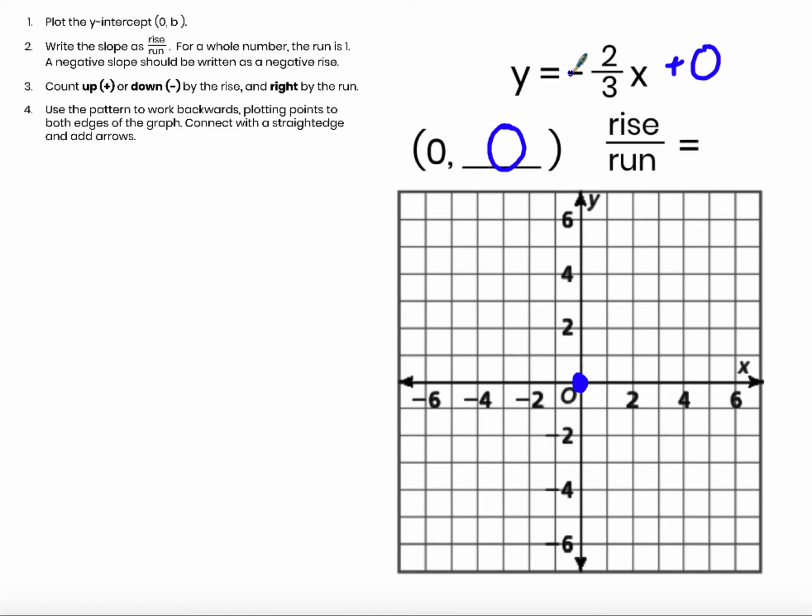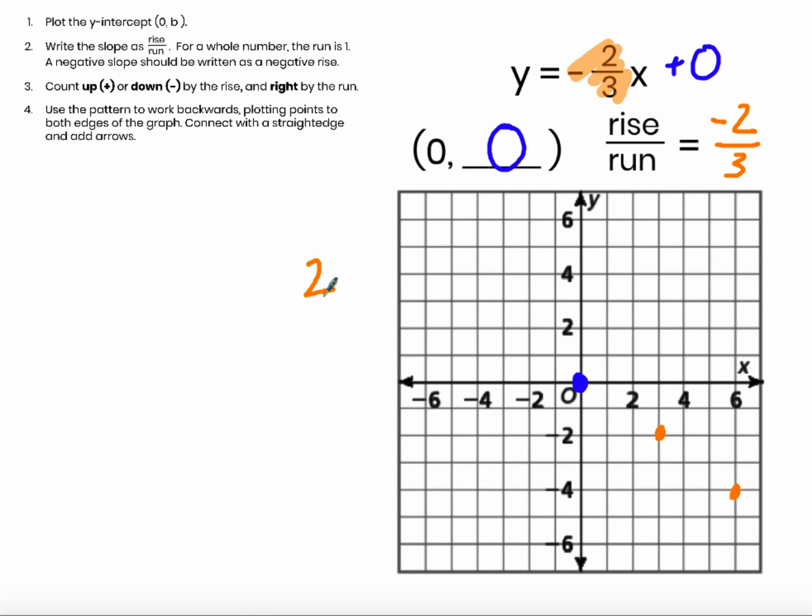Again, now I have my negative in front of my fraction. It's still suggested that we stick that negative with the 2. So let's go ahead and write a negative rise of 2 and a run of 3. Down 2 over 3. Down 2 over 3.